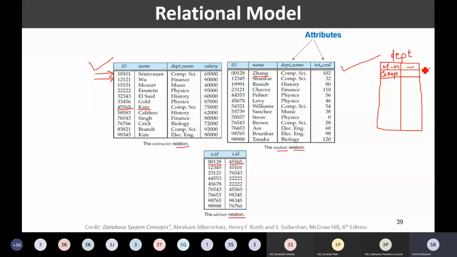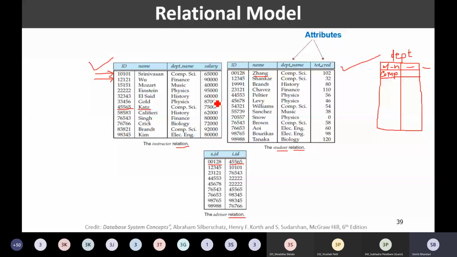What it indicates is that whatever department name you are trying to have in the student table, that department name is not available in my department table. So unless I input computer science department in my department table, it is not allowed to use that as the department name in student table or in instructor table.